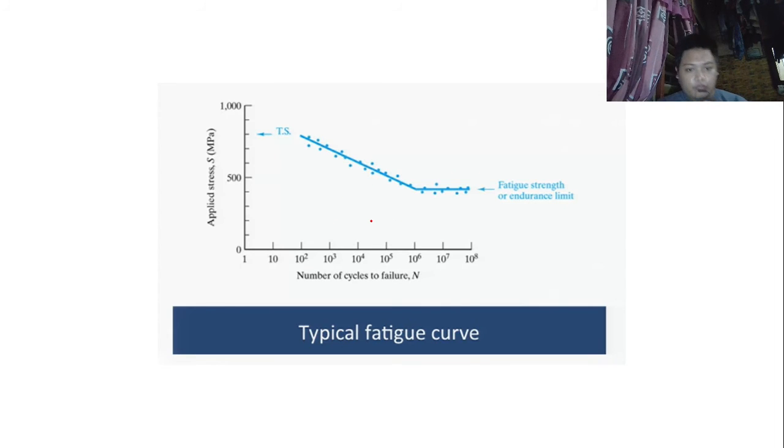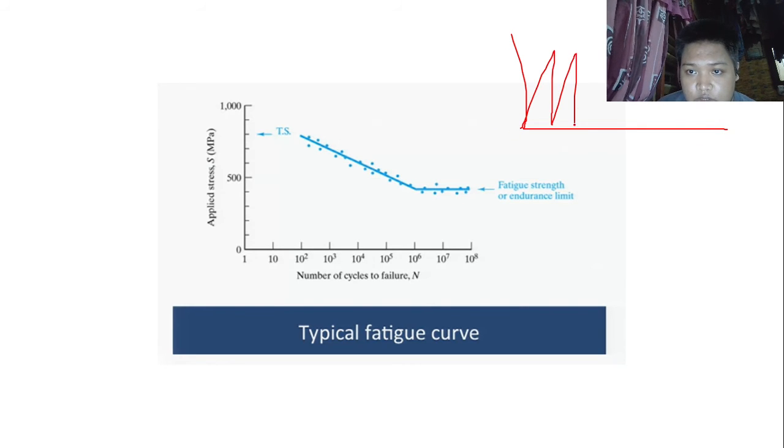Next, another plot, a typical fatigue curve. It is an applied stress and number of cycles plot. What this indicates is that if you apply a greater amount of stress in determining the fatigue of a material, it will reach failure faster than when you put a smaller amount of stress in a material.